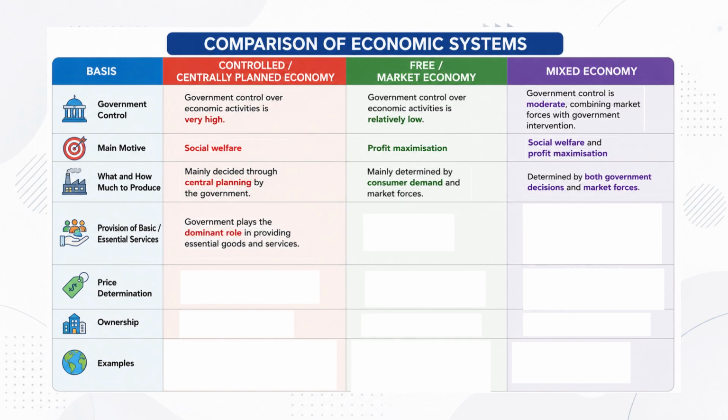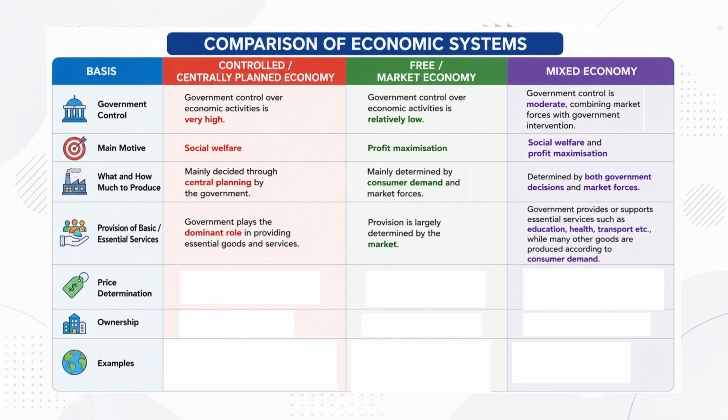In a controlled economy, the government plays the dominant role in providing essential goods and services. In a free economy, their provision is largely determined by the market. In a mixed economy, the government provides or supports essential services such as education, healthcare, and transport, while many other goods are produced according to consumer demand.